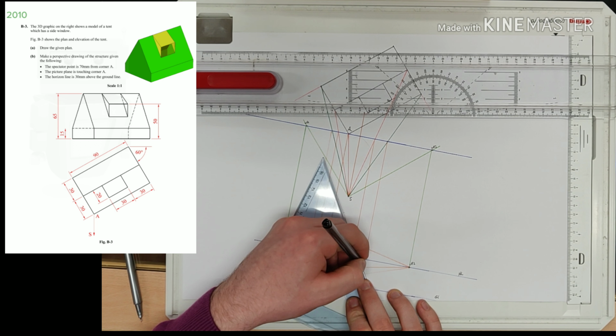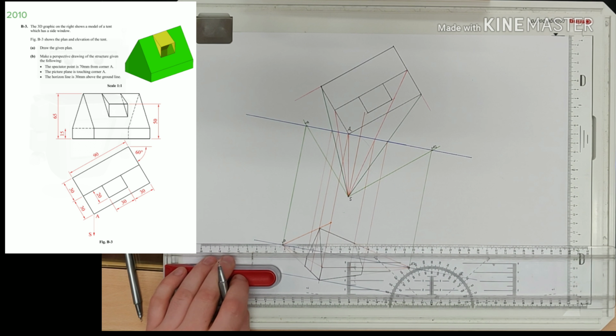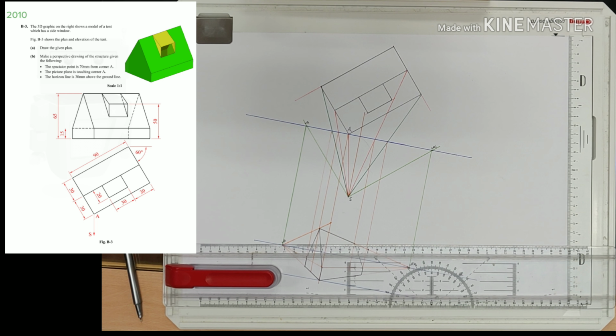Okay, we are left with the window to draw in now at this stage. Okay, so the window is a wee bit trickier because he's sitting in the middle of the sloped surface. We can't find out where he is by just bringing the points to the spectator. What we need to do is find a reference point on the edge of our perspective to locate its position on the sloped surface.